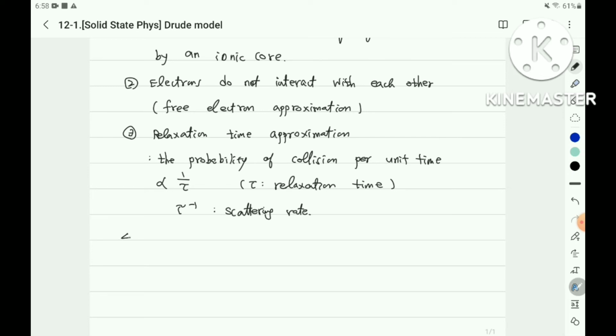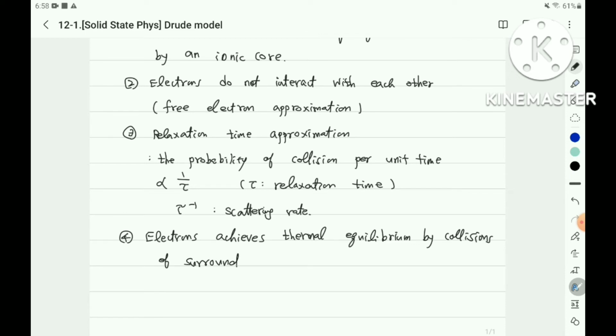The fourth assumption is that electrons achieve thermal equilibrium by collisions with their surroundings. It means that we only treat kinetics, not dynamics.